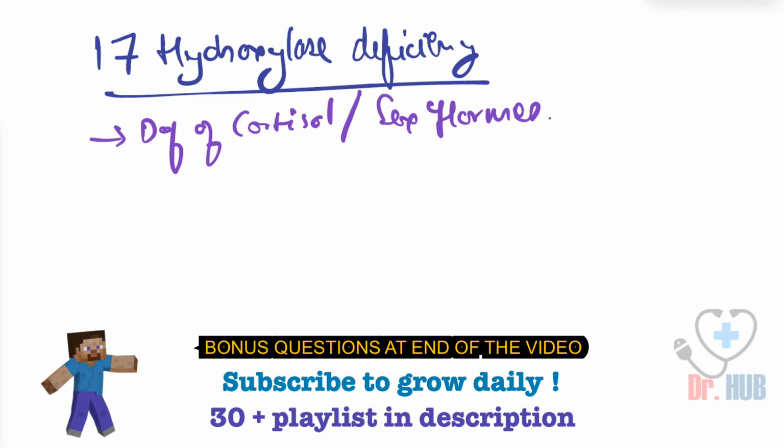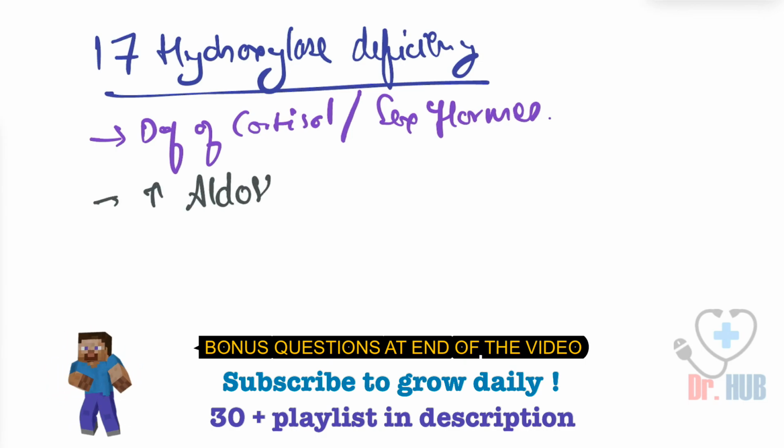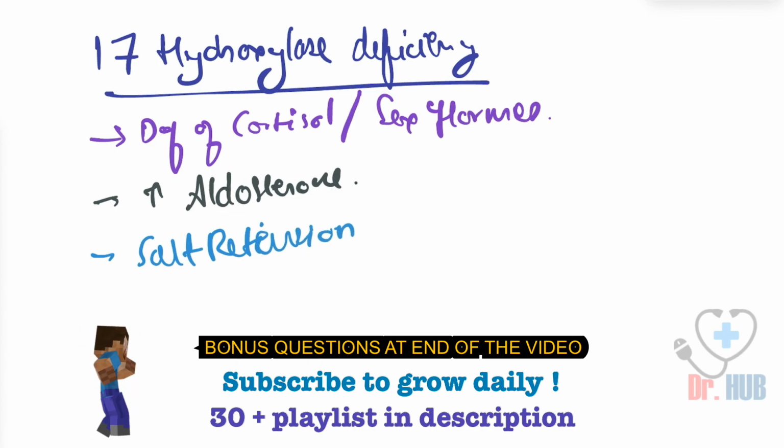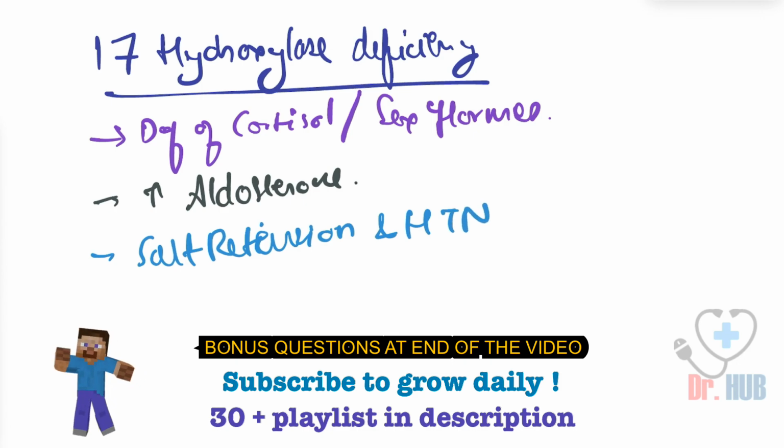Then what we need to know is there is an increase in the aldosterone. So in 21 hydroxylase it was the testosterone, and in 17 it is the aldosterone. And here there is the salt retention as well, and also the hypertension.